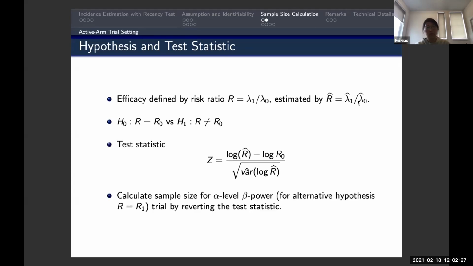So the test statistic will look like this. Basically, we're taking the log estimated risk ratio minus log R0 and standardizing by its estimated standard deviation. The calculation of sample size is quite standard. We just invert the test statistic to come up with the alpha-level, beta-power test corresponding to this alternative hypothesis identified by R equals R1.